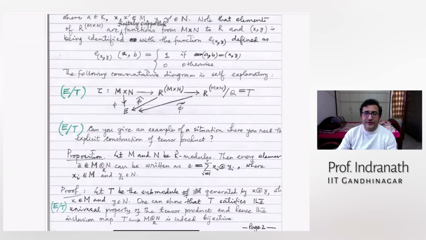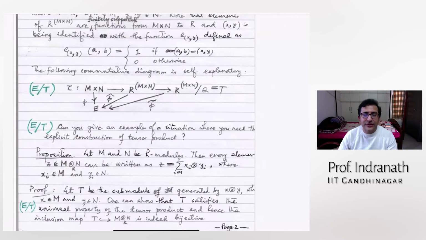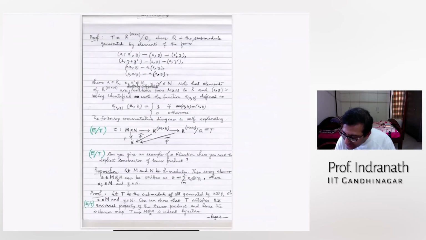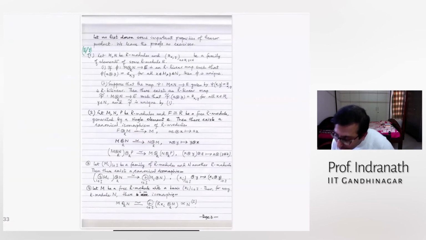Can you give an example of a situation where you need the explicit construction of the tensor product? And this was the discussion that, let M and N be R modules, then every element can be written as this, where xi belong to M and yi to N. That is all right, that we have proved. And there we basically use the universal property and so on.